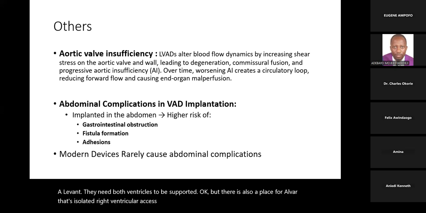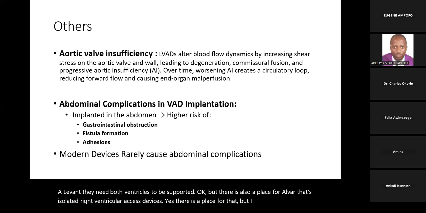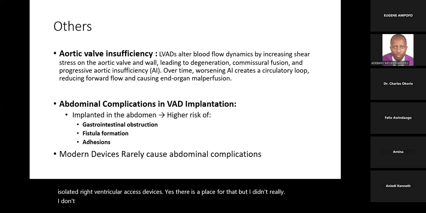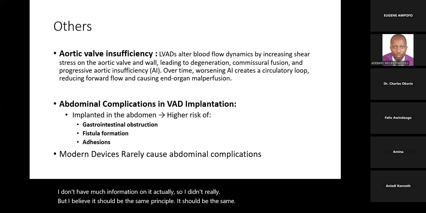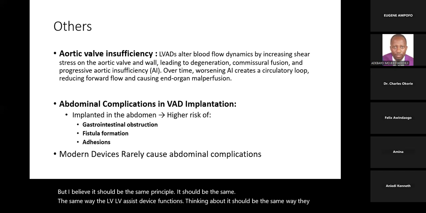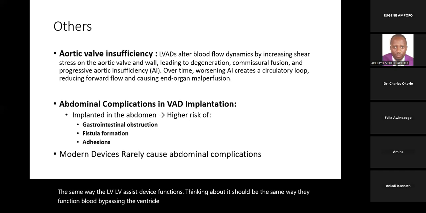Yes, there is a place for that, but I don't have much information on it. I believe it should be the same principle as the way the LV assist device functions: blood bypassing the ventricle and being pumped, instead of into the aorta, into the pulmonary artery. That's what I think.